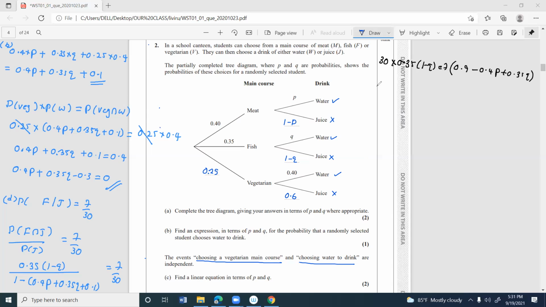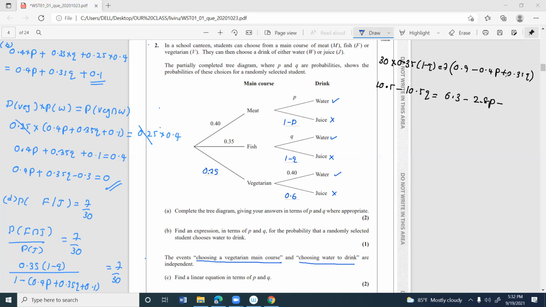From here you get the answer: 30 into 0.35 is 10.5, so 10.5 minus 10.5q is equal to 6.3 minus 2.8p.